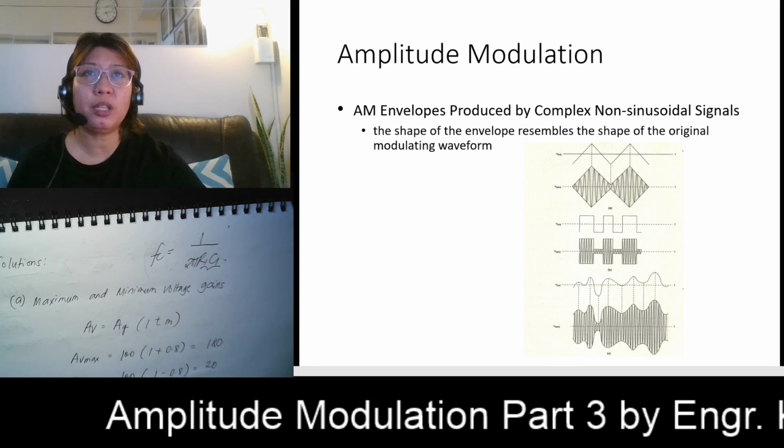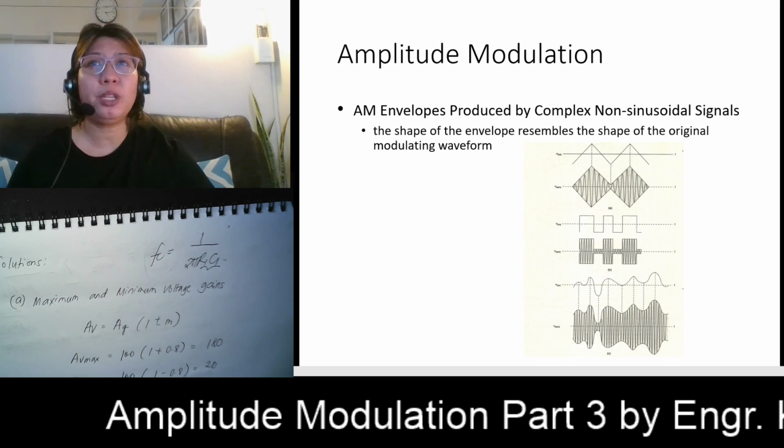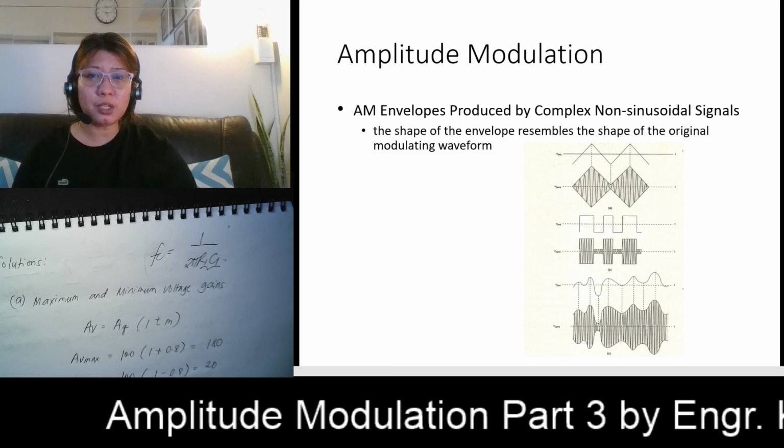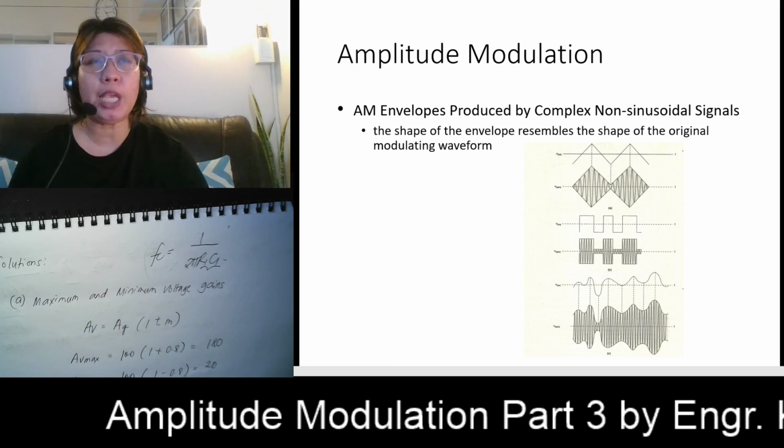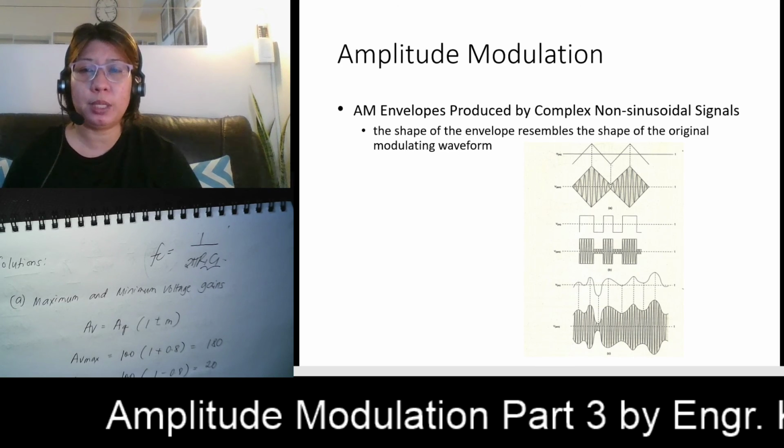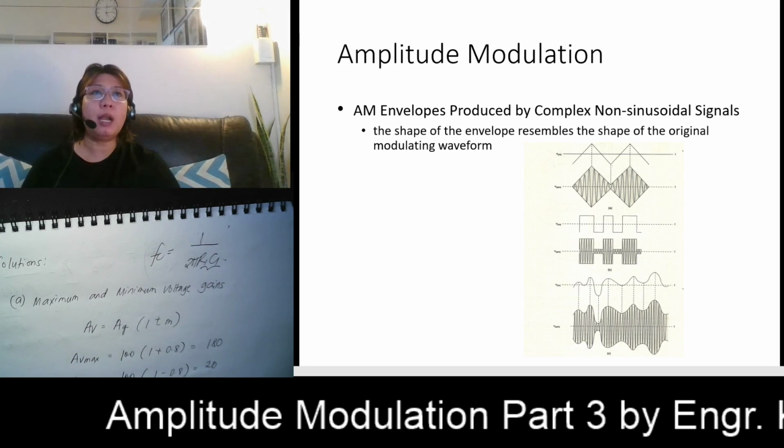These are the types of AM envelopes produced by complex non-sinusoidal signals. Non-sinusoidal signals are considered complex forms which are comprised of two or more frequencies. Complex repetitive waveforms are complex waves made up of two or more harmonically related sine waves.